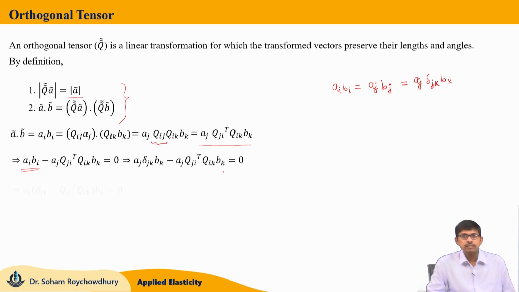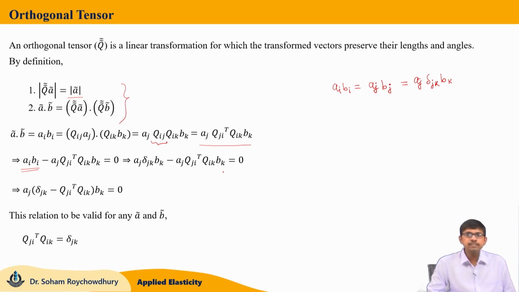Now, taking A_j and B_k common, for any arbitrary vectors A and B, for this equation to be 0, we must have delta_kj equal to Q^T_ji Q_ik. That means Q transpose Q is equal to the identity tensor. This is the definition of an orthogonal tensor.